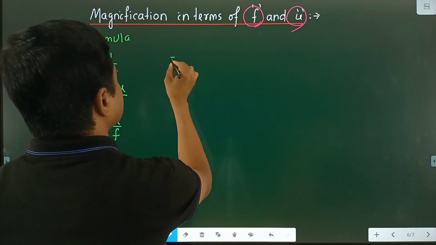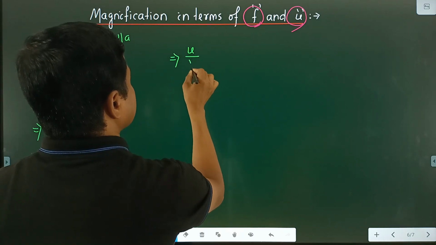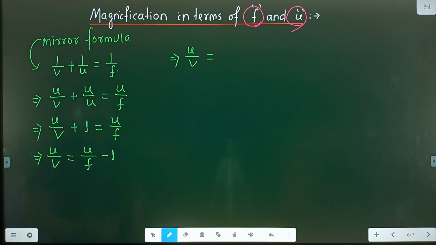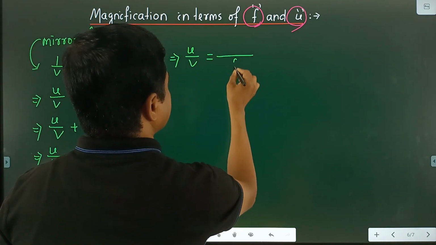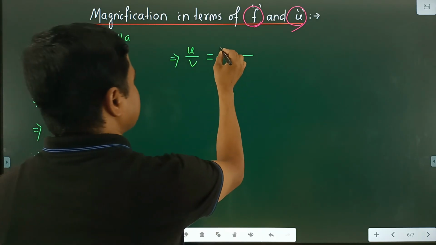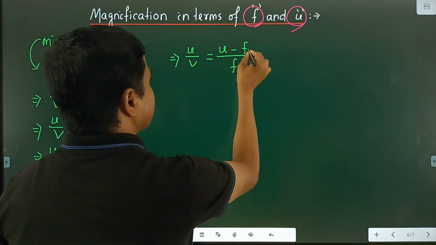That implies U by V is equal to, if we solve the right hand side, U minus F divided by F. Clear?